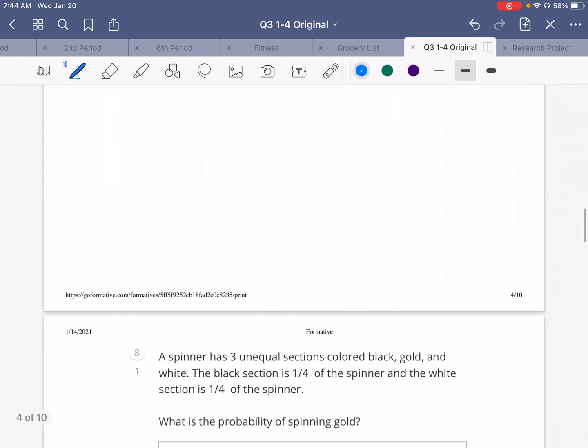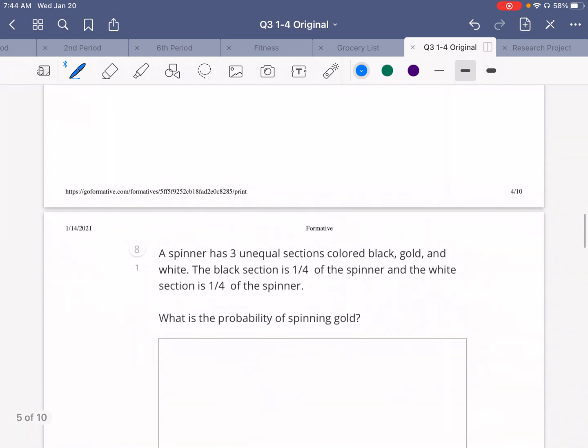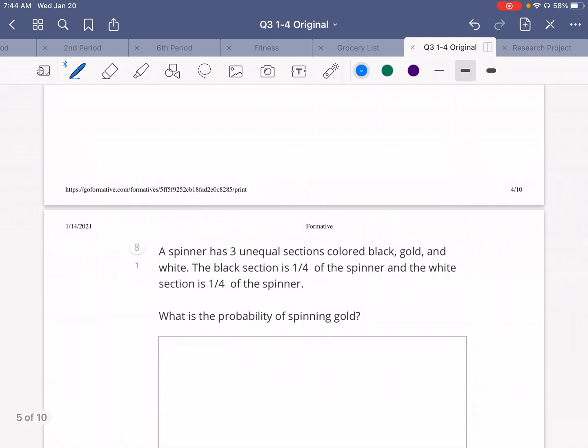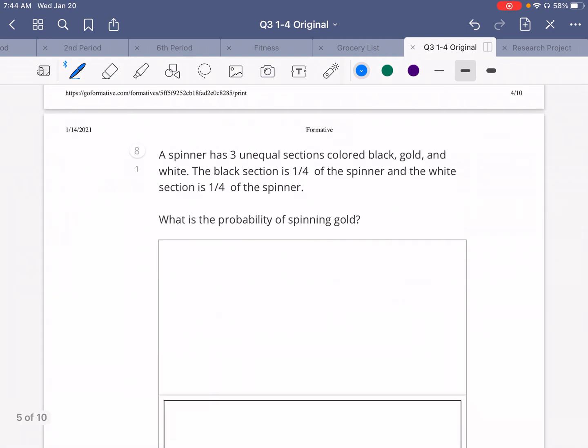All right, probability models. A spinner has 3 unequal sections, colored black, gold, and white. The black section is 1/4, and the white section is also 1/4. So there's a circle.